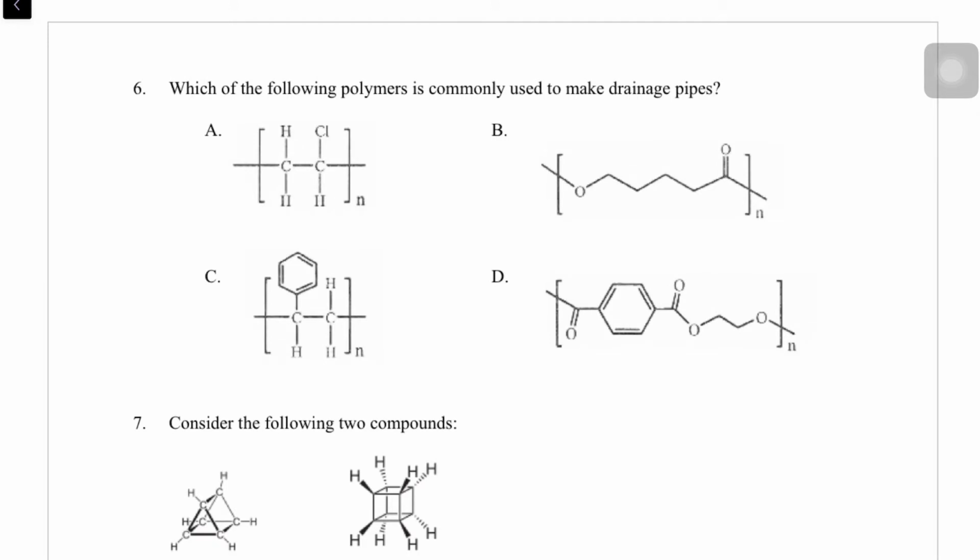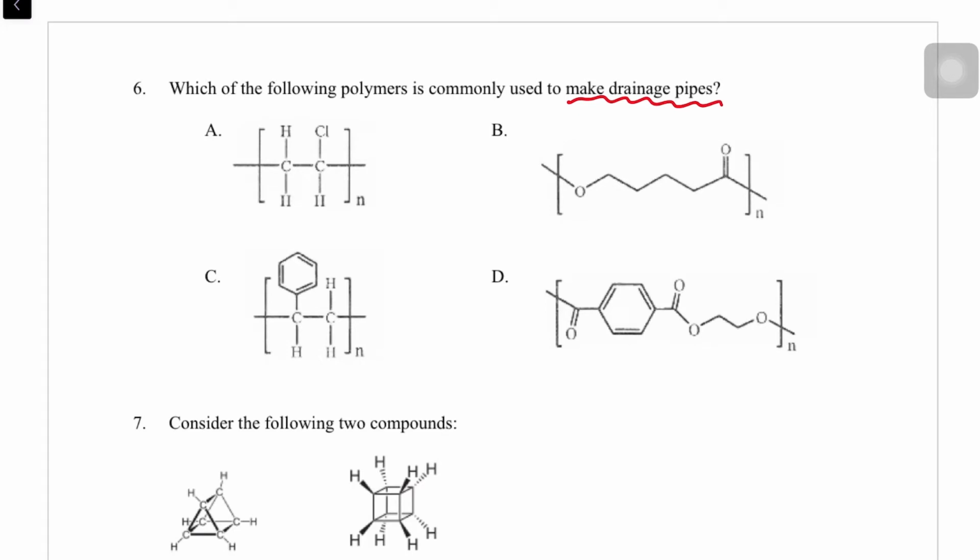Question 6. Commonly used in making drainage pipe. A drainage pipe should be hard and should withstand acid and alkaline, because you have no idea what sewage is going to be put in.